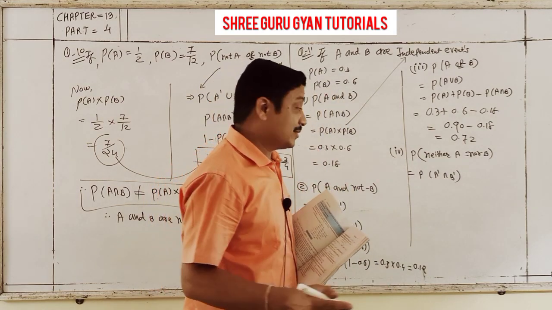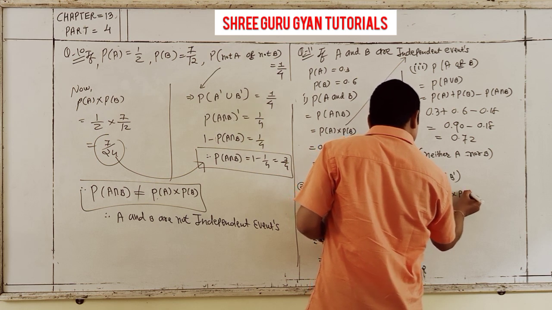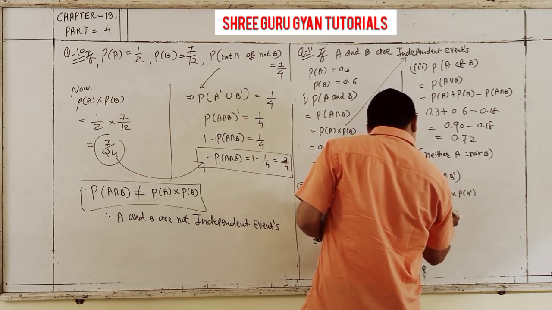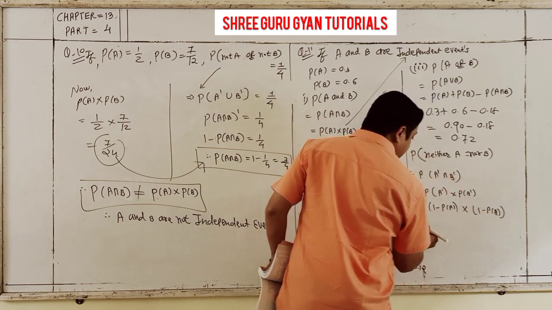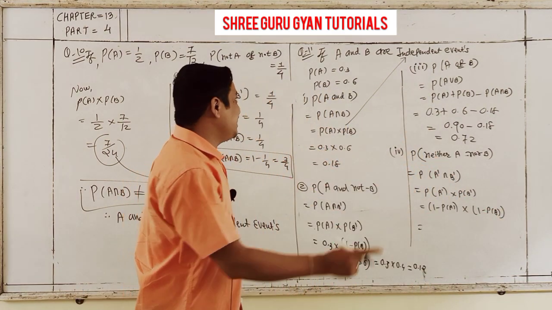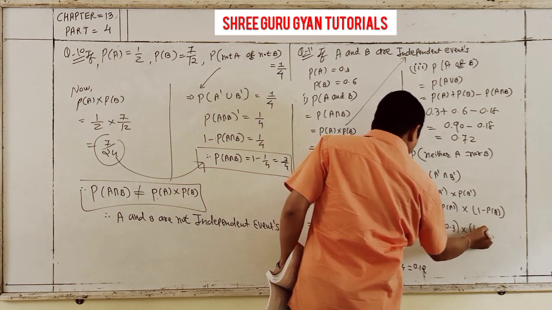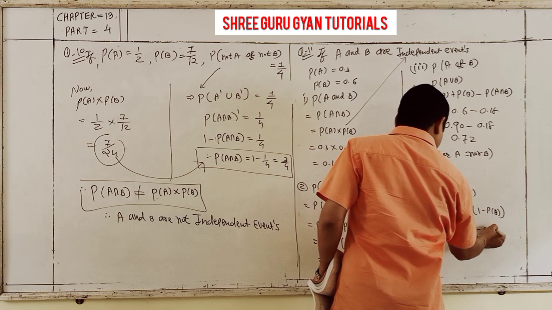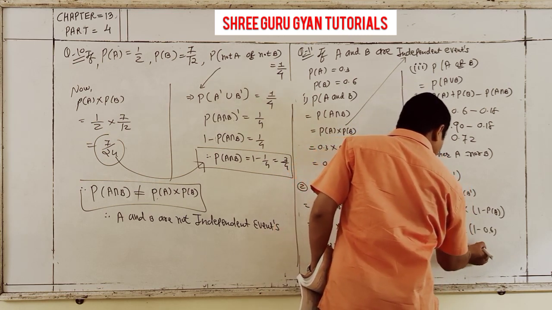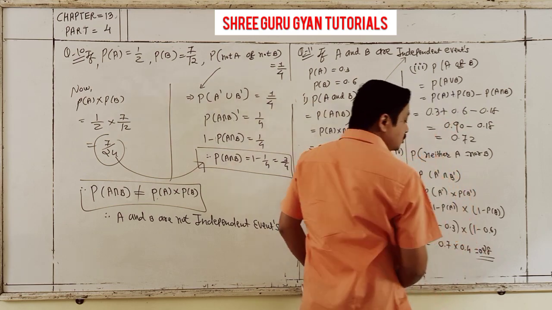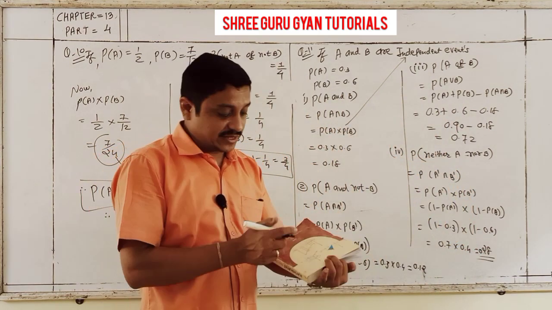So P of A dash into P of B dash. 1 minus P(A) into 1 minus P(B), students. Here you know 1 minus 0.3 is 0.7 and P(B) is 0.6 so 0.4. 7 4s are 28, 0.28 is your answer.